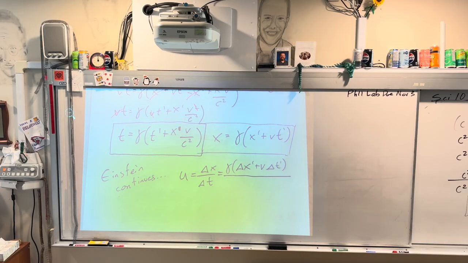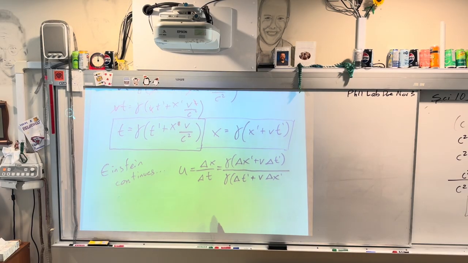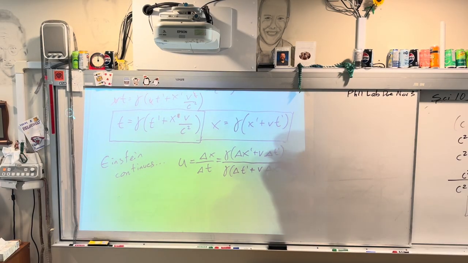And delta t, as we see here, is going to be gamma delta t prime plus v delta x prime. So I just took this one and flipped it around to the other side. Over c squared. That has to be over c squared.